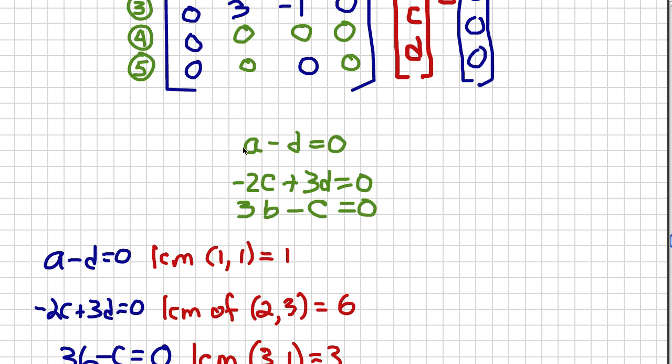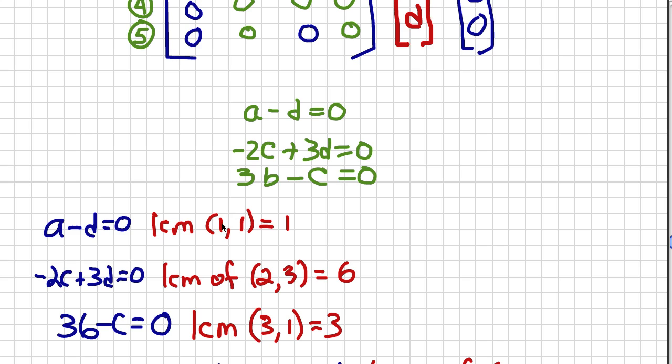So both coefficients are 1. I want to find the least common multiple of 1 and 1, which is pretty simple: it's 1. In other words, what's the smallest number that when multiplied by an integer times 1 gives me 1?